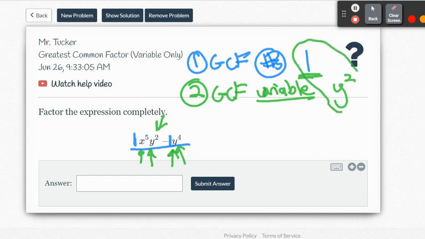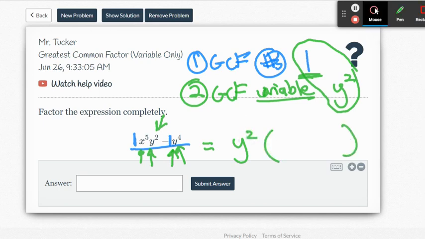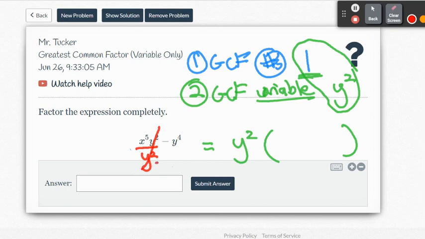So putting that together, my greatest common factor is y squared that I'm going to divide from both terms. So then I come through and actually do the division on both terms, where dividing the first term by y squared will simply get the y squareds to reduce out, because anything divided by itself is 1, and so the result of division is just x to the 5th. And then I've got negative y to the 4th as my second term. Dividing that by y squared, you reduce by subtracting the powers.